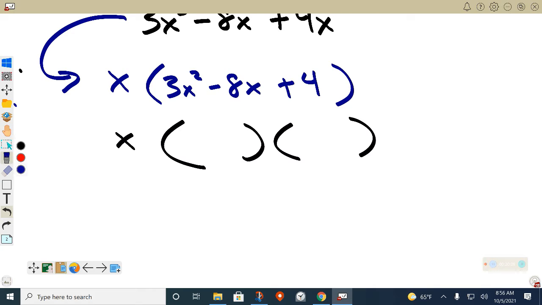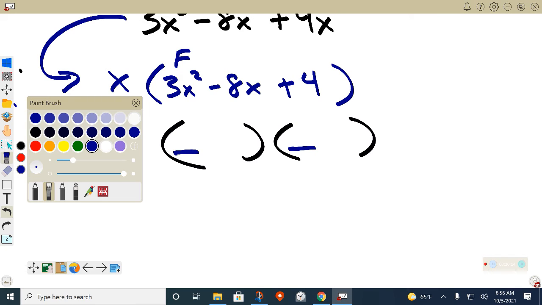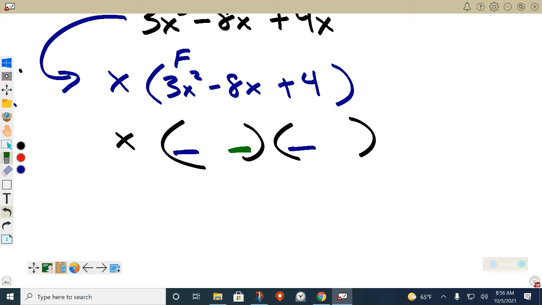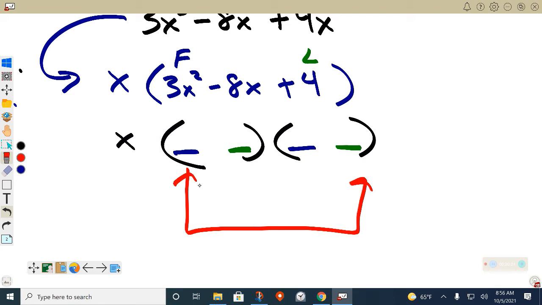Now, let's go back to our first. It becomes the 3x squared. The last becomes the 4. And the outer plus the inner will become the negative 8x.